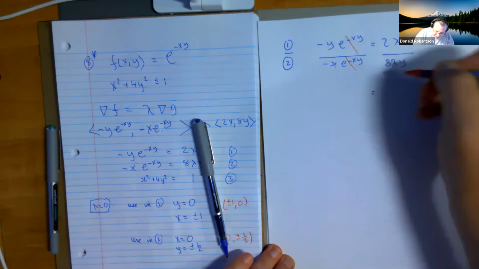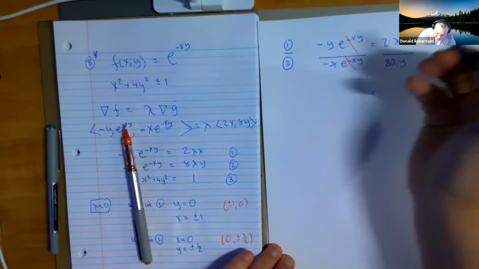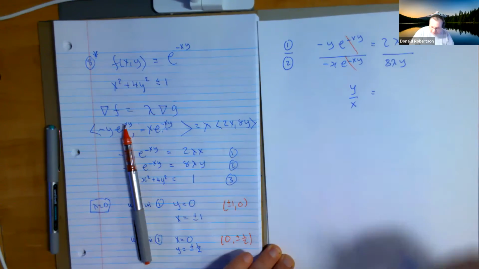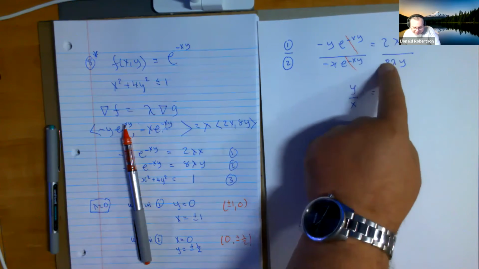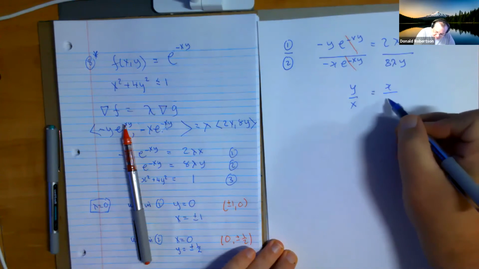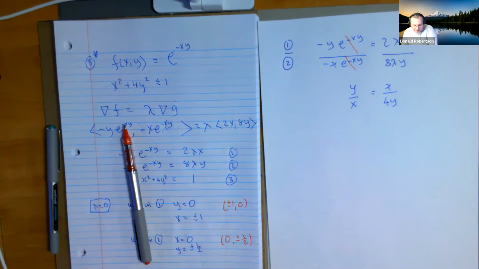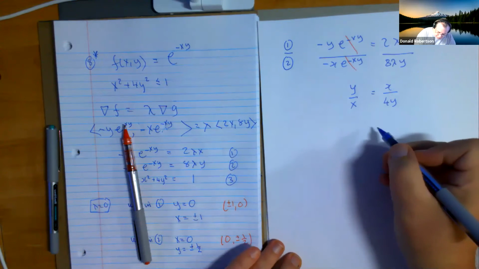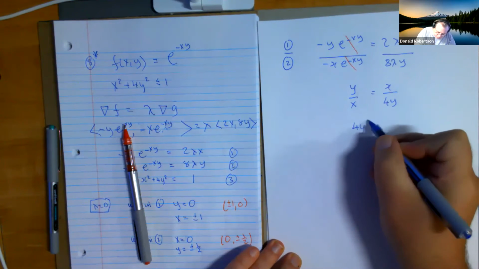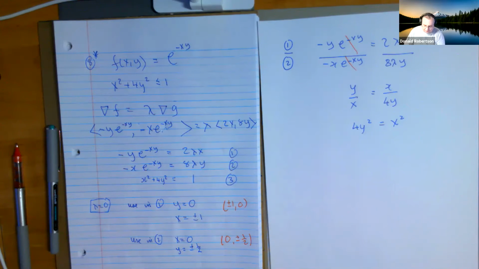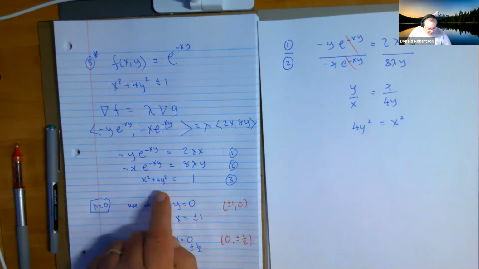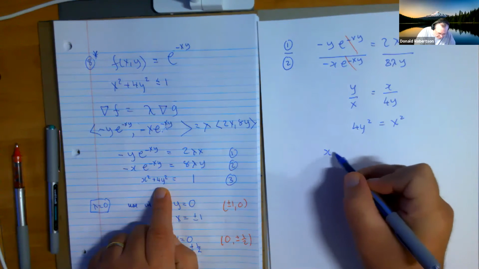And some good stuff over here, and the negatives cancel. So the left-hand side just ends up being that. And lambdas cancel, that partially cancels, and I believe I get x over 4y. Do we agree on that? And if I do a little cross multiply, won't 4y squared equal x squared? You agreed?